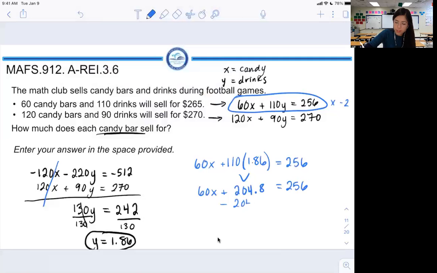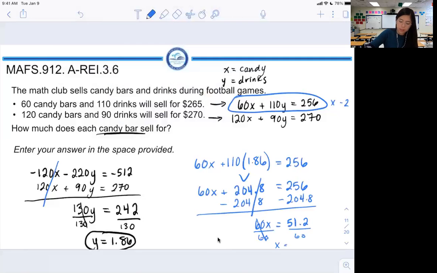Subtract that from both sides. I get 60x equals 51.2. And then I divide both sides by 60.